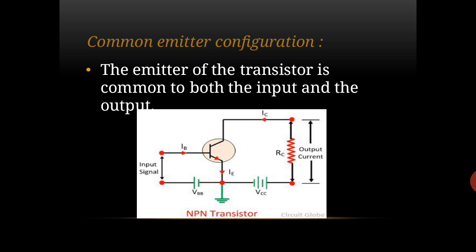As you can see, this is the NPN transistor. So N is collector, P is base and N is again emitter.